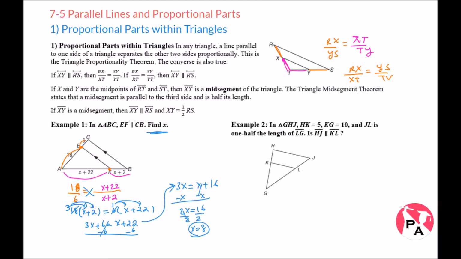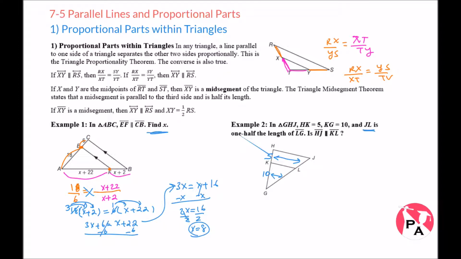So in this one, it says in triangle GHJ, HK is 5. Let's put 5 on it. HK is 5, right here. Remember, it is proportional. It's corresponding to that side. KJ is 10. KJ is right here, and it corresponds to that side.